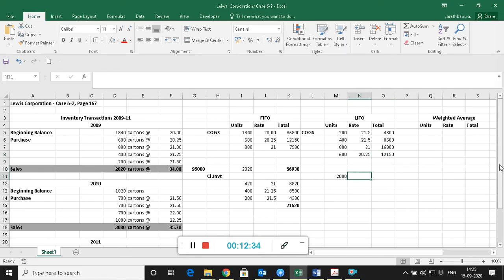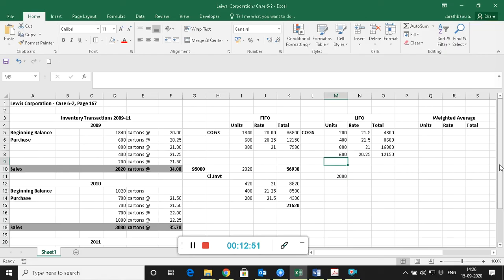So I reached 2,000 here. Now how many units do I need to make it 2,820? I need a further 820 units.